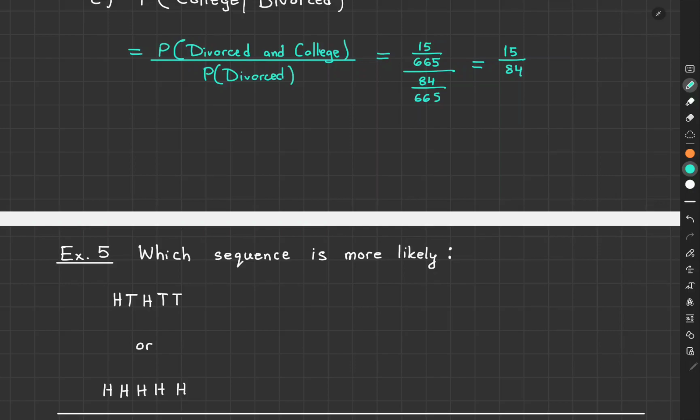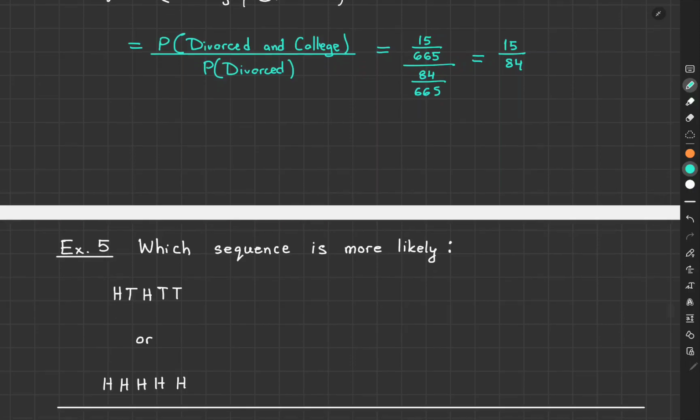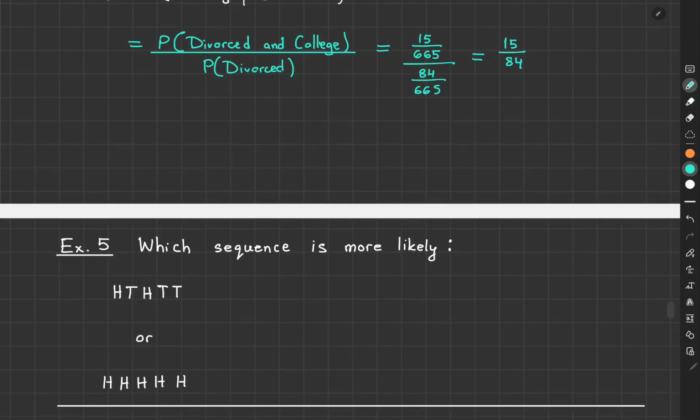We have the first one, heads, tails, tails. And the second one is heads 5 times in a row. Now, a lot of people instinctively said, well, the first one's the more likely one. You've got some mix of heads and tails. It's a lot more realistic than just getting all heads.